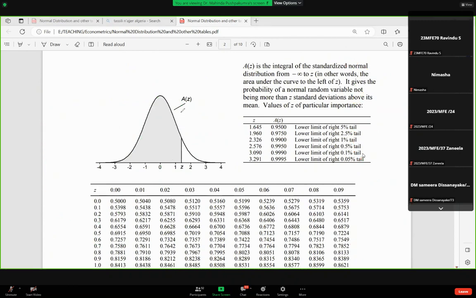Then let's say if I draw the curve like this. A, B, C, D. D means this section, okay, including this one.